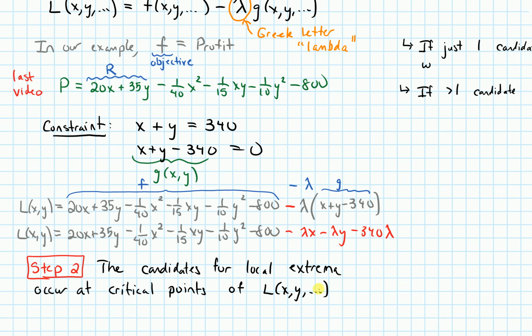I'm just writing comma dot dot dot because we'll see examples later where there's more than just two variables here. Okay, so what we then do is find these critical points.